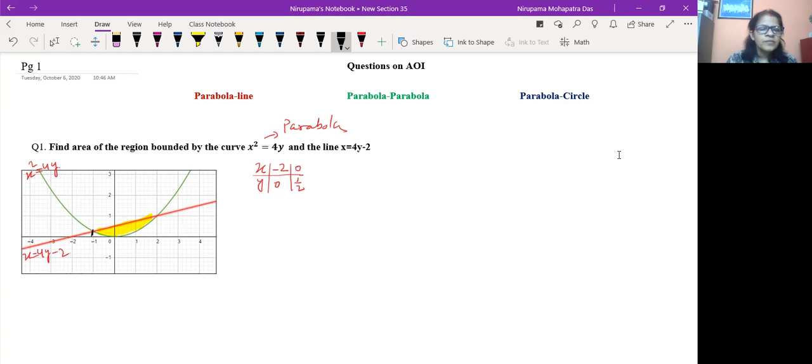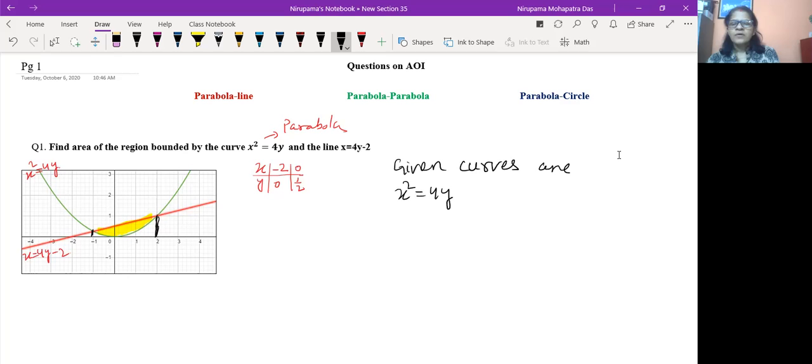To find the limits, you can see where the line and the parabola intersect. Just mark the boundary like this. To start the question, the given curves are: the first one, x square equal to 4y, or y equal to x square by 4.